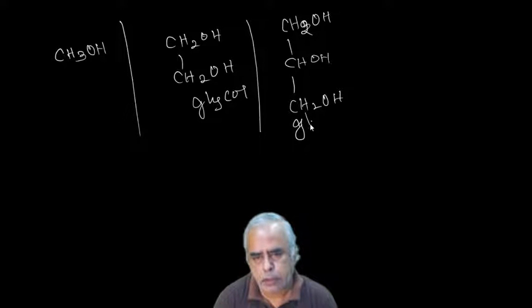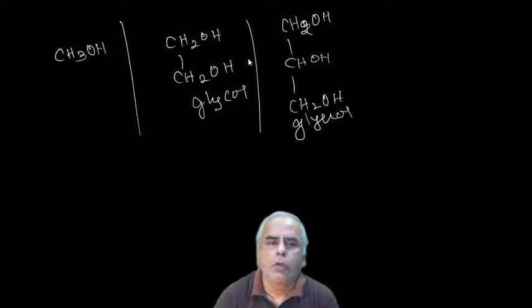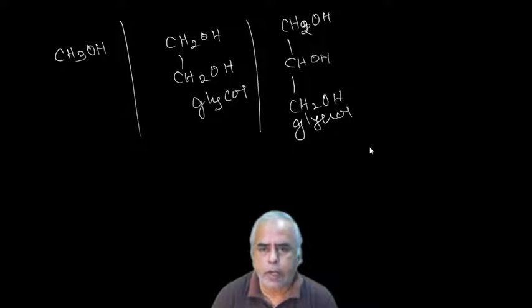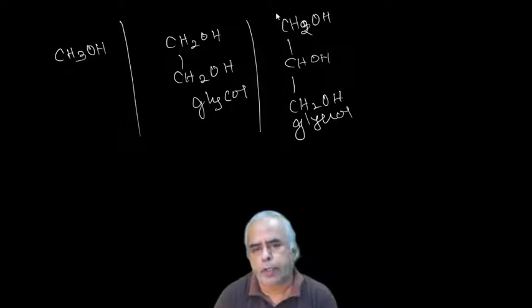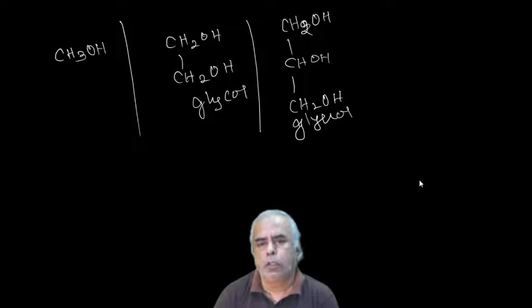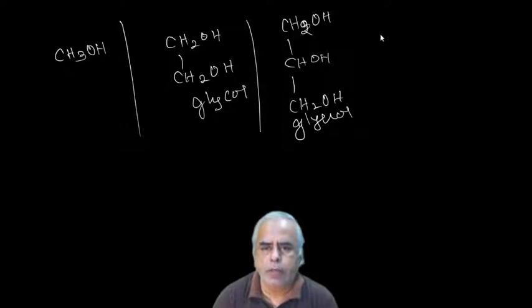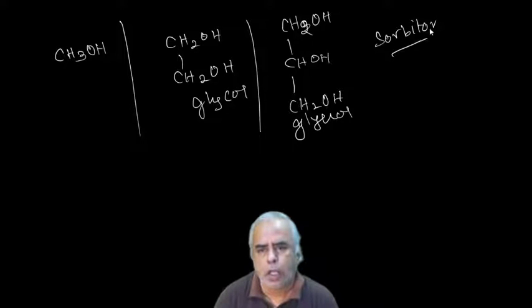That is glycerol or glycerin. Yes, sir. Okay. So likewise, even 6 carbon atoms can come together to form a polyhydric alcohol. Likewise, we have so many types of alcohol, and sorbitol is one of the important polyhydric alcohols. I'll be discussing about this later.